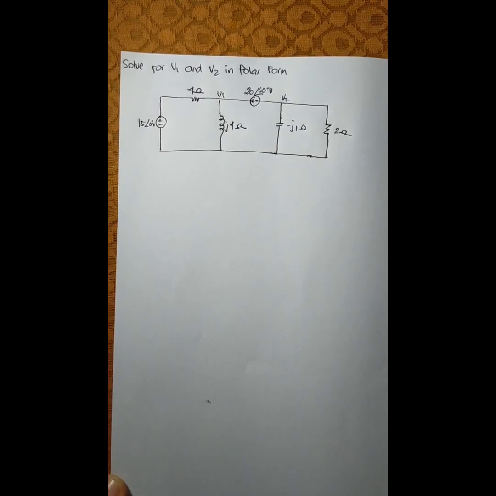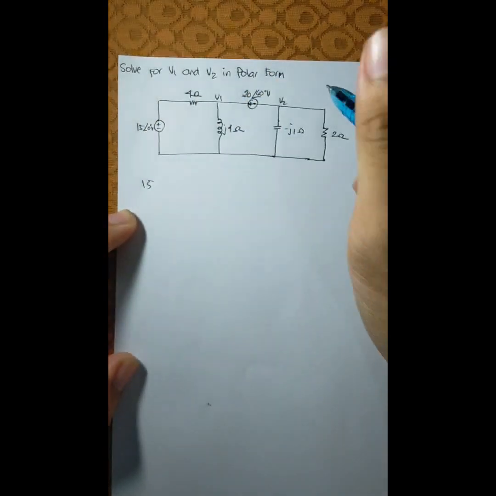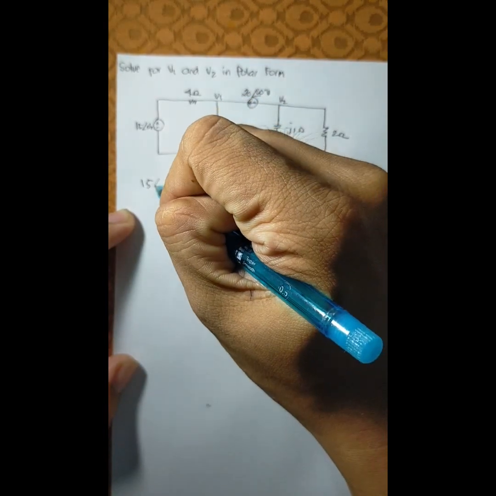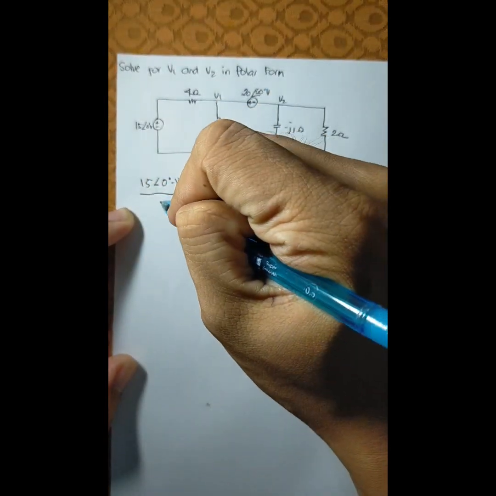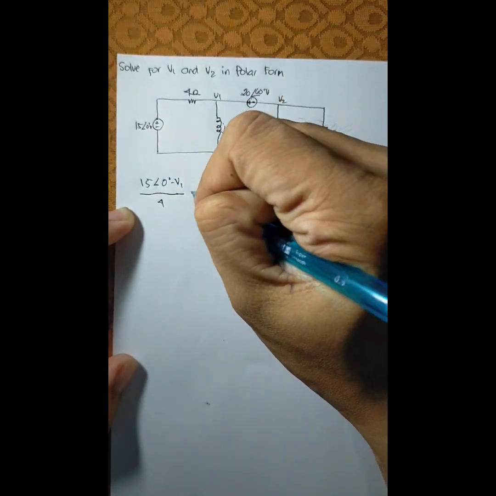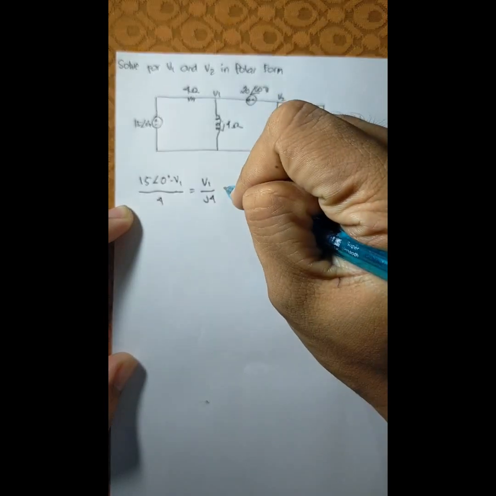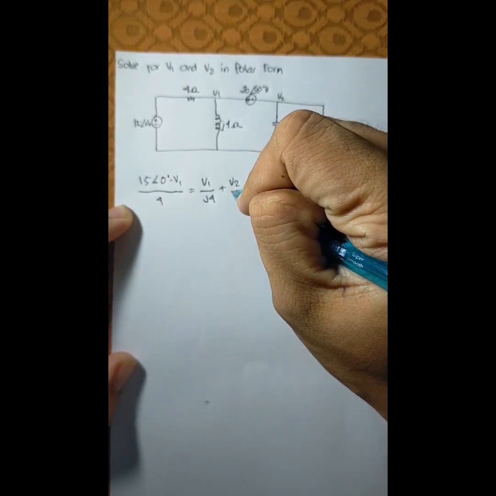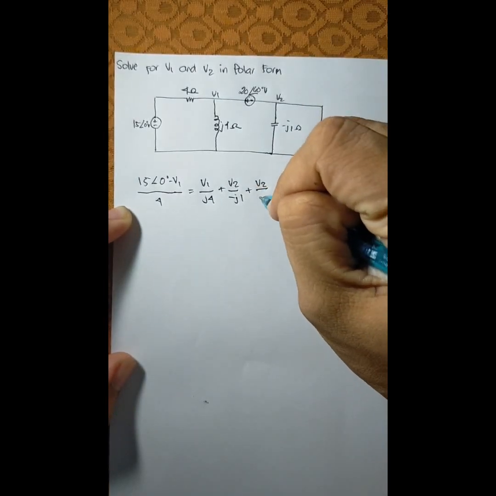For our last problem, we must solve for V1 and V2 in polar form. So we have 15 angle of 0 degrees minus V1 over 4 equals V1 over j4 plus V2 over negative j1 plus V2 over 2.